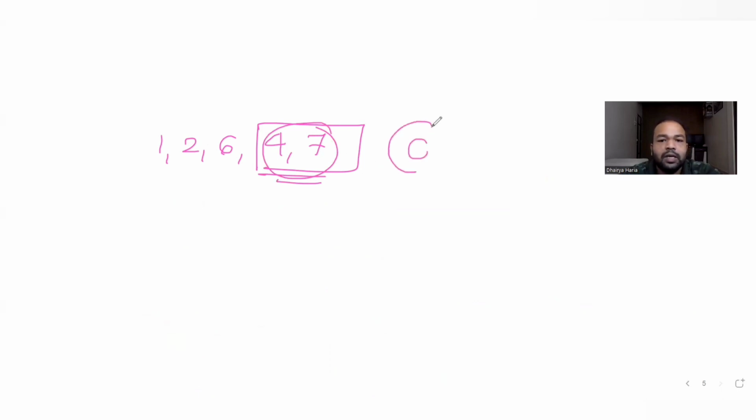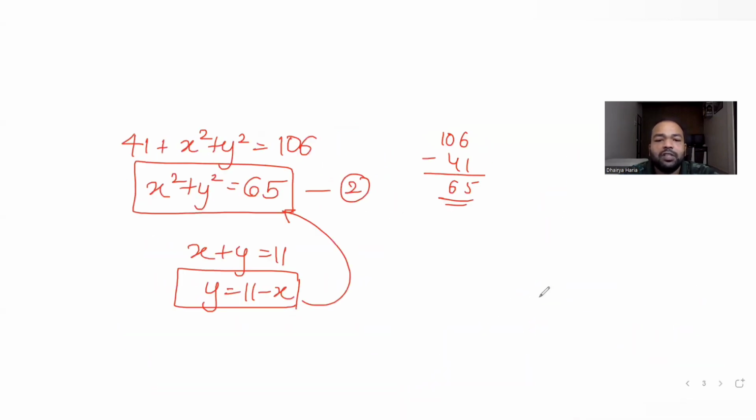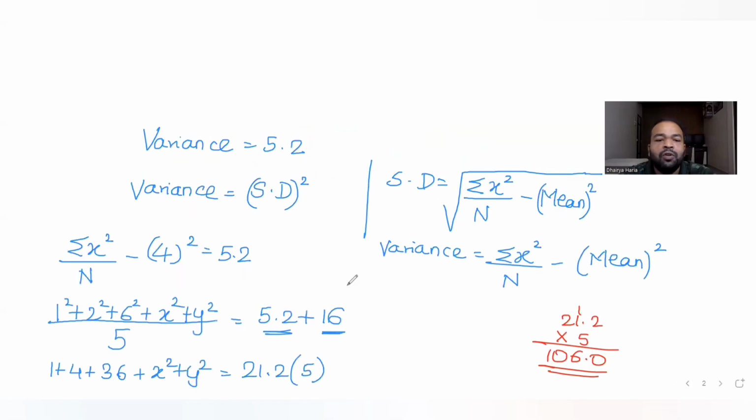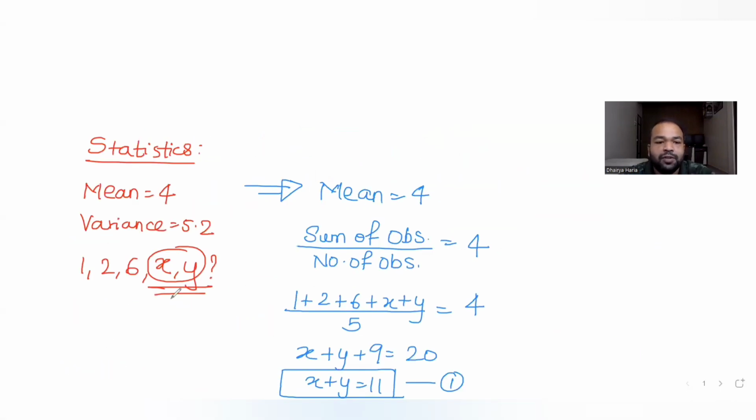We had been given three observations already, 1, 2, 6, and the remaining two observations come out to be 4 and 7. The option which matches the question is C, so C is the correct answer. I hope you have understood how to solve these types of questions in stats, where we are given some of the observations and told to find the remaining ones.